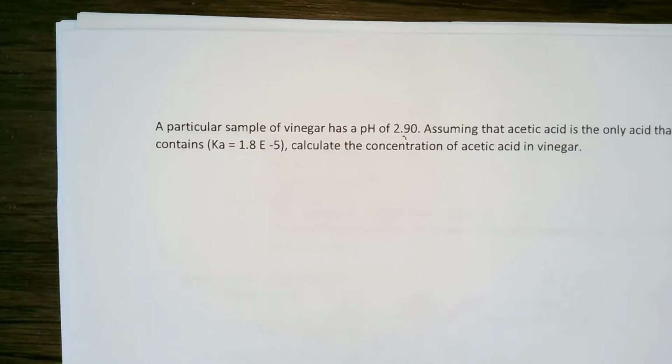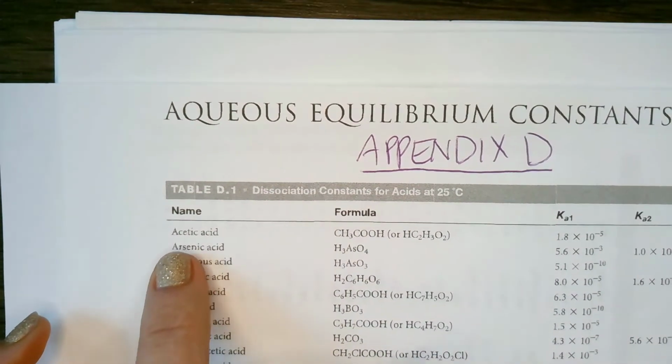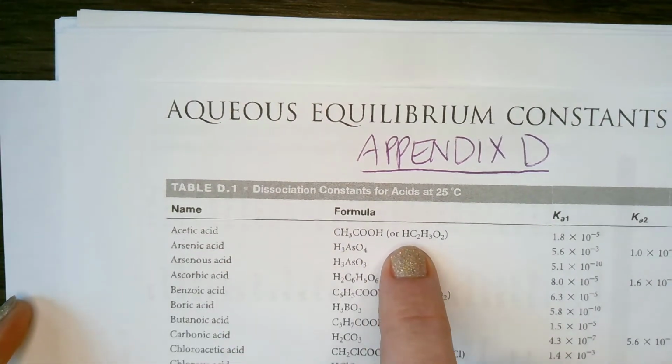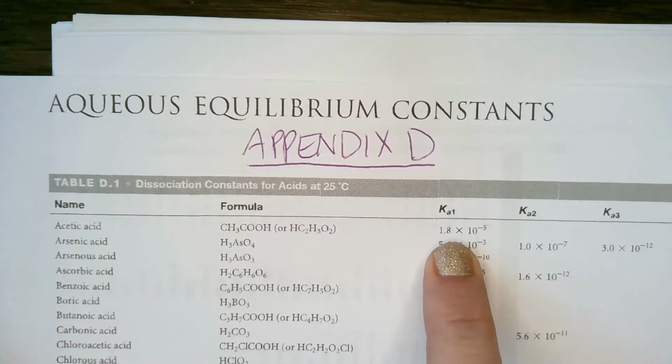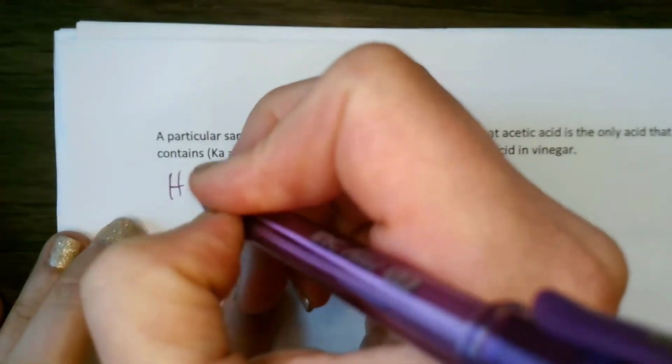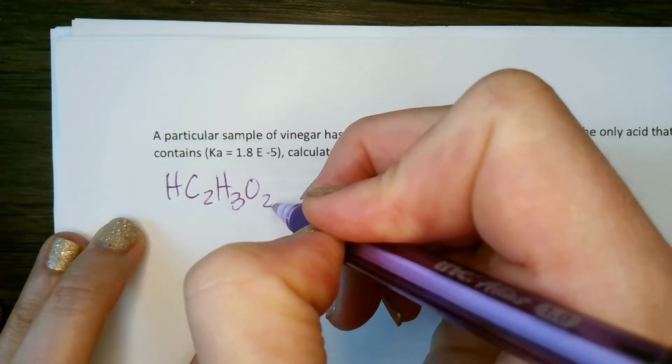Acetic acid, if you weren't sure of its chemical formula, we could look at our Appendix D, and we could find acetic acid is HC2H3O2. And there's its Ka value that was given to us in the problem. So here we know it's HC2H3O2.